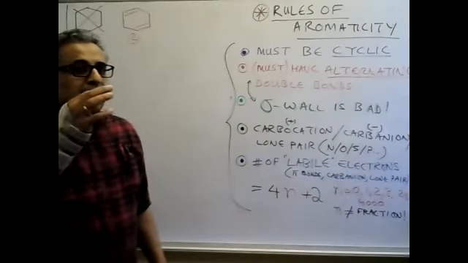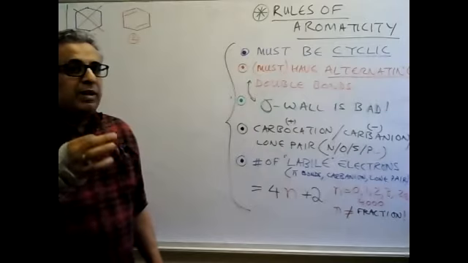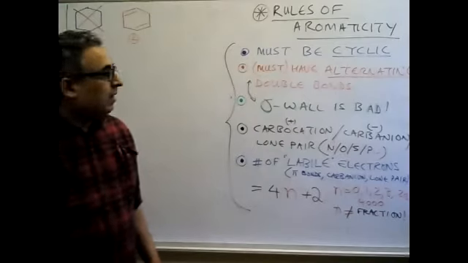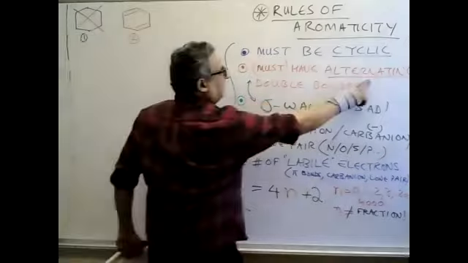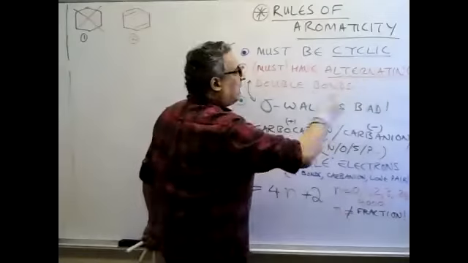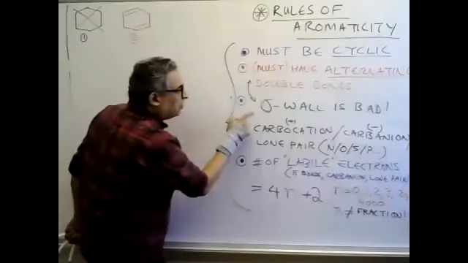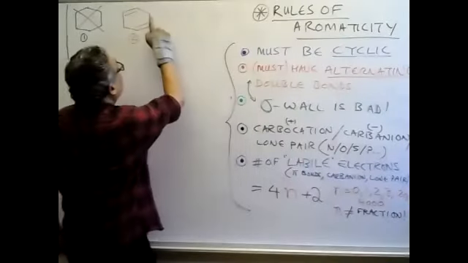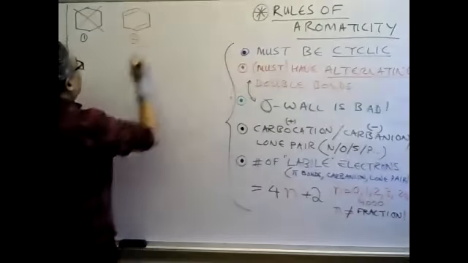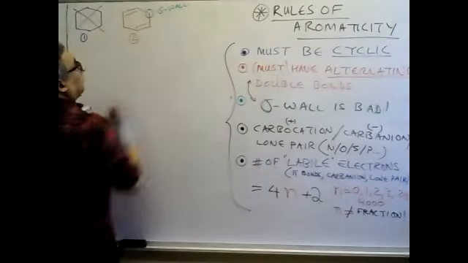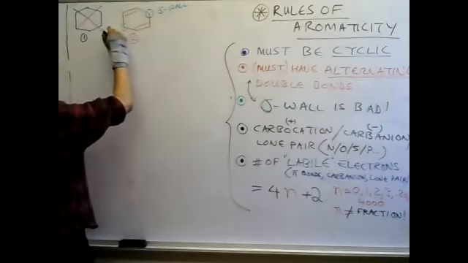It's either missing something or it's got a problem. You can answer in different ways. It needs a double bond. It doesn't have what type of arrangement of double bonds? It doesn't have alternating double bonds, or it has a sigma wall problem.